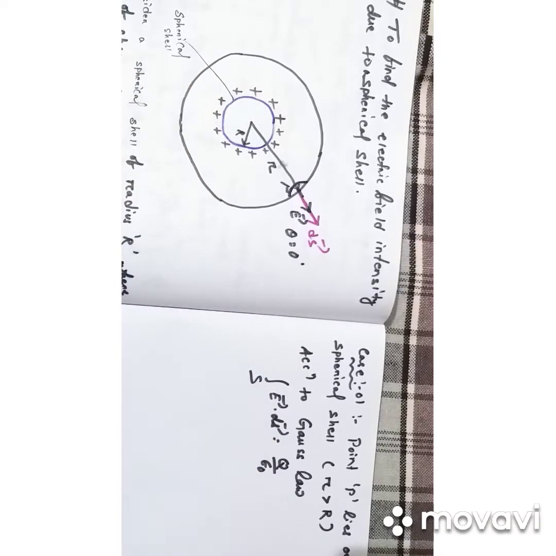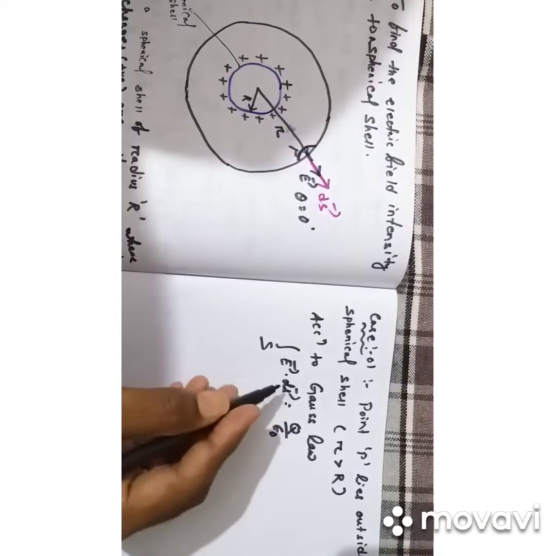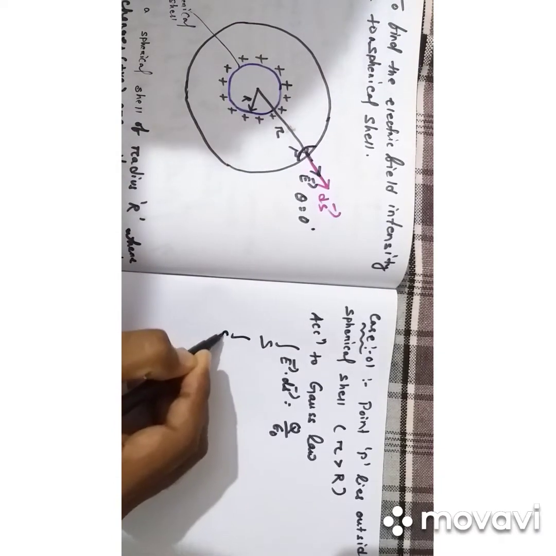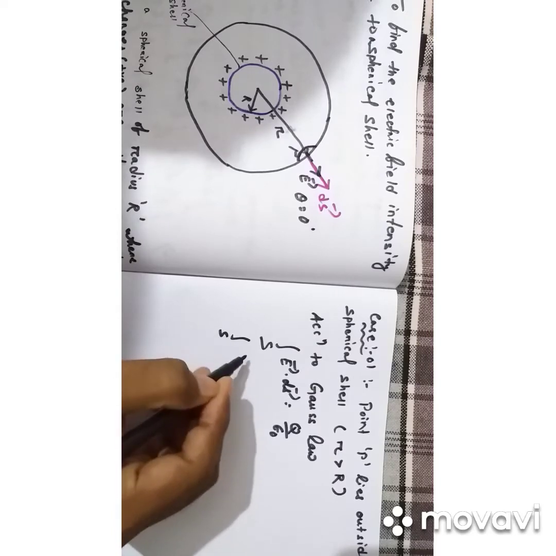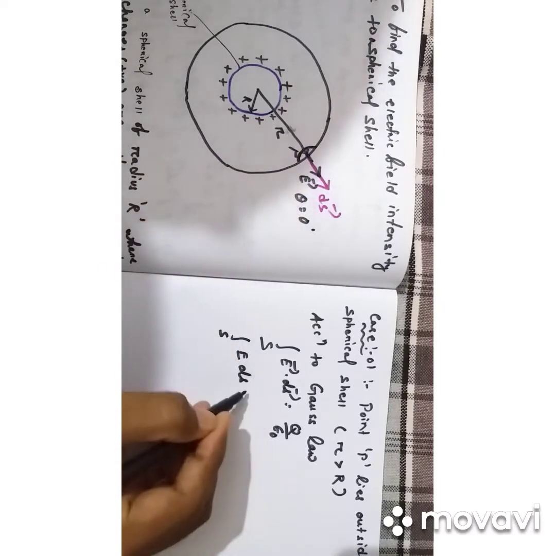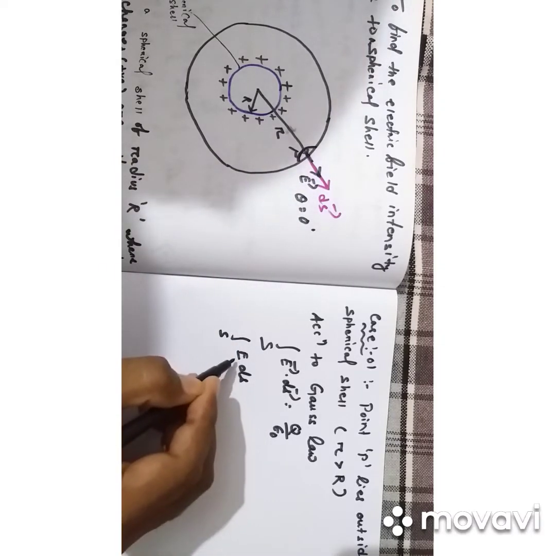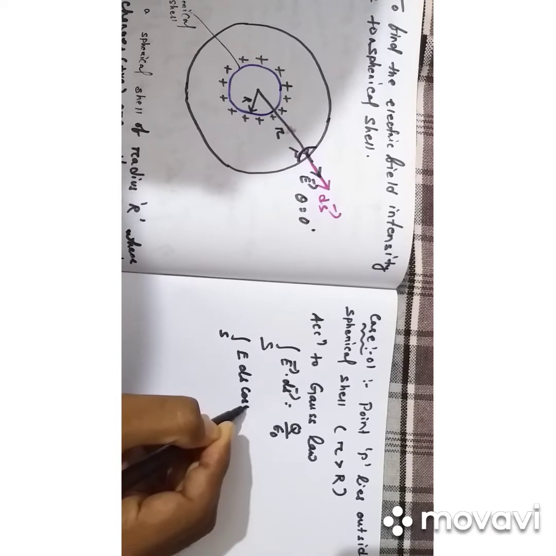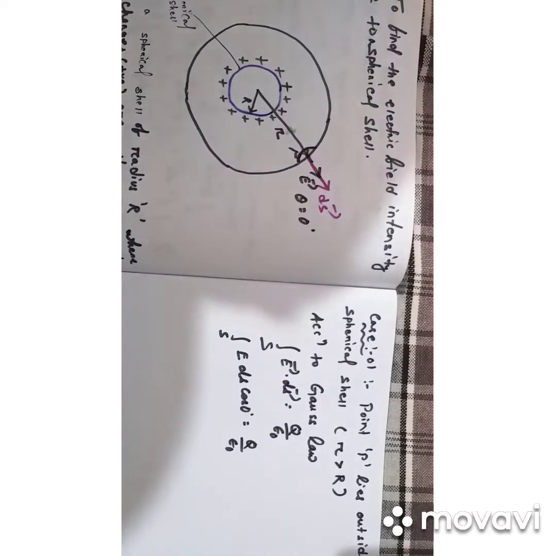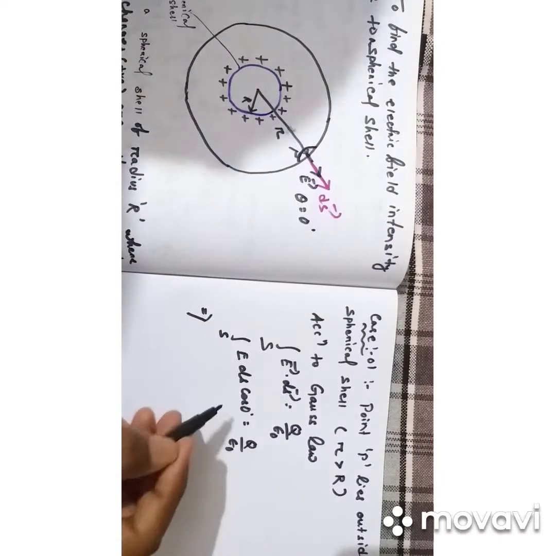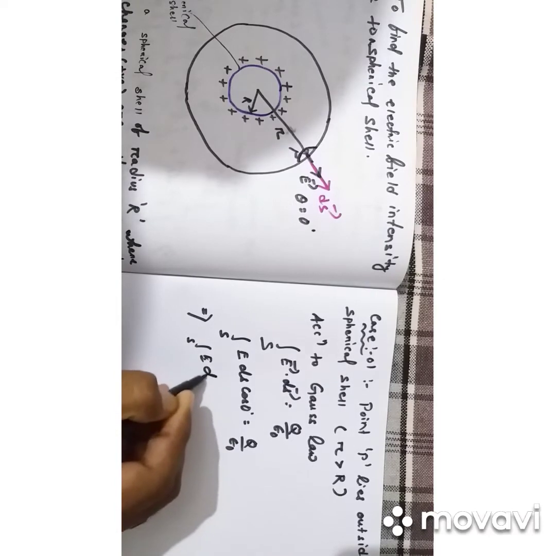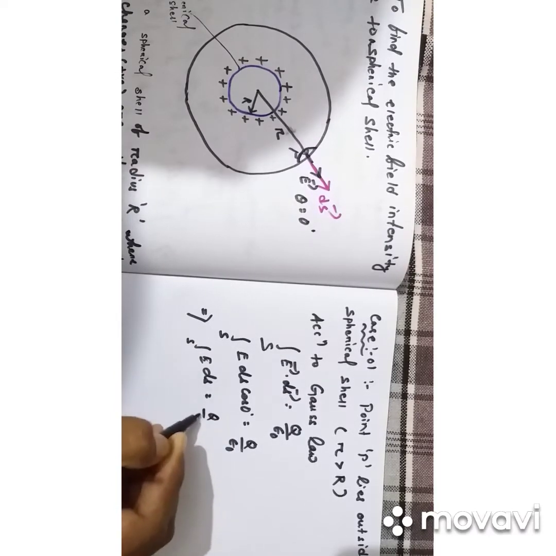So in magnitude form, the surface integral of E ds cos 0 degree equals q by epsilon naught. Cos 0 is 1, so E ds equals q by epsilon naught.